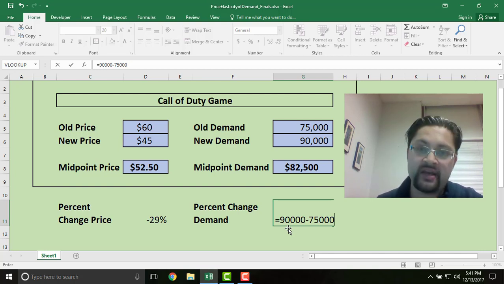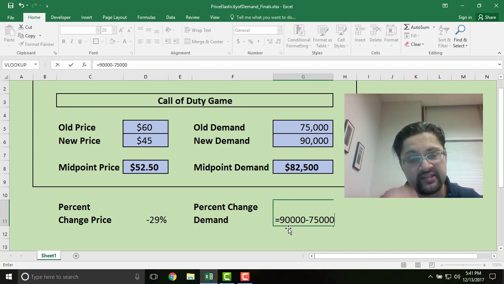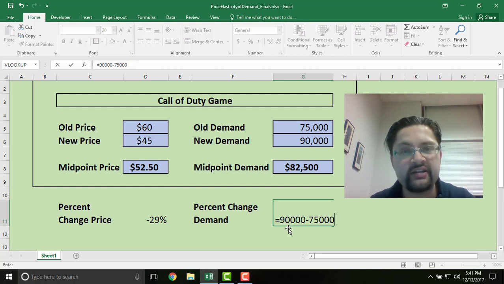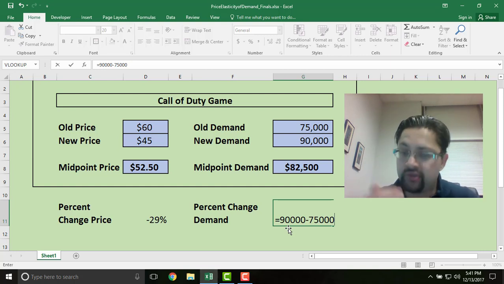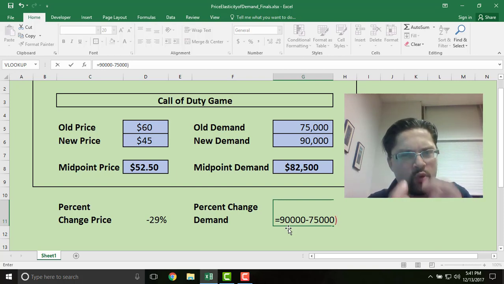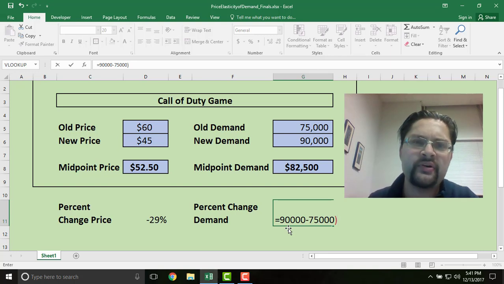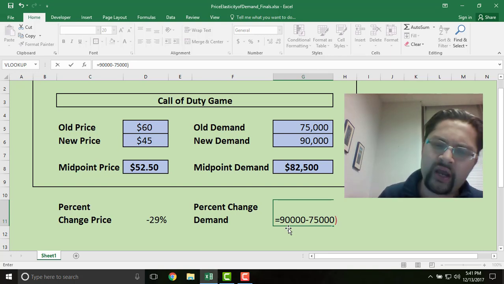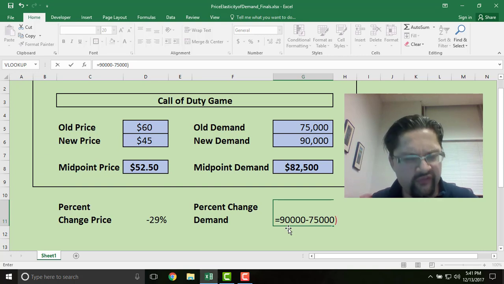It's the law of demand. When price goes up, quantity demanded goes down, or vice versa. When price goes down, as in this example, quantity demanded will increase. So we are seeing an increase here because we have a lower price. Okay, very good. That is one nice way to think about the problem, just to make sure you're doing it right: does this problem fit with the law of demand?